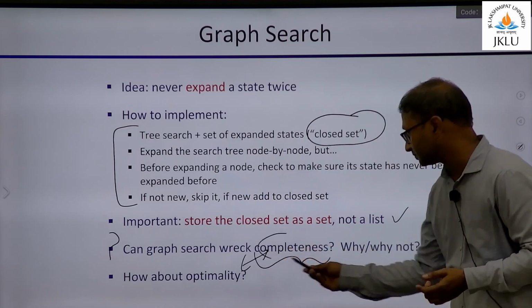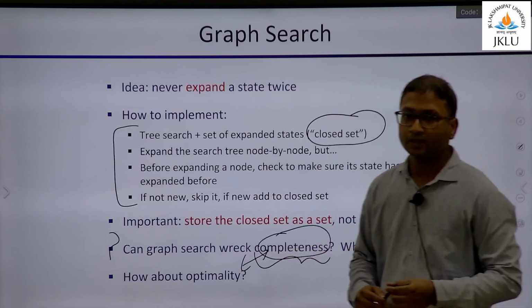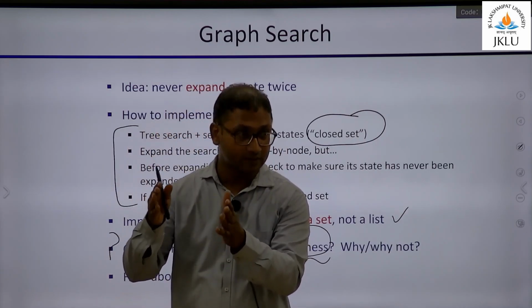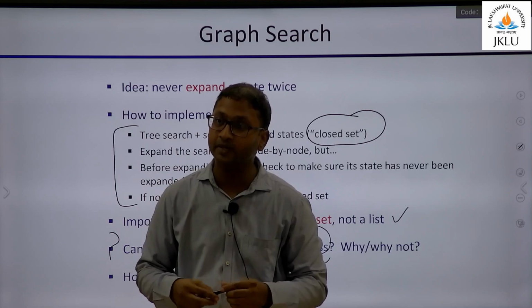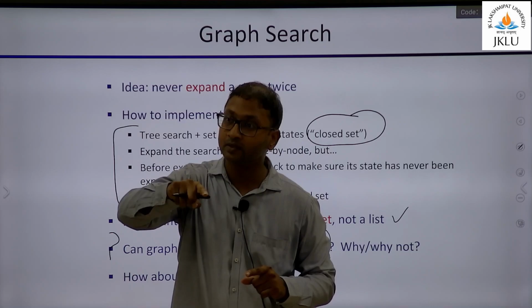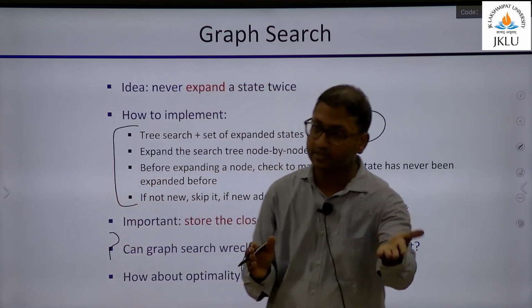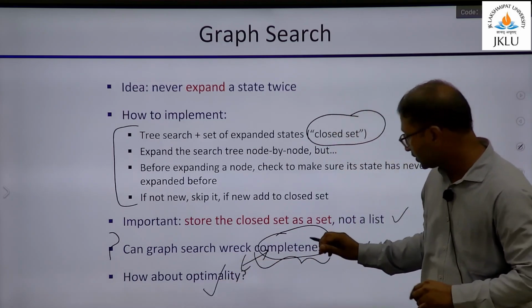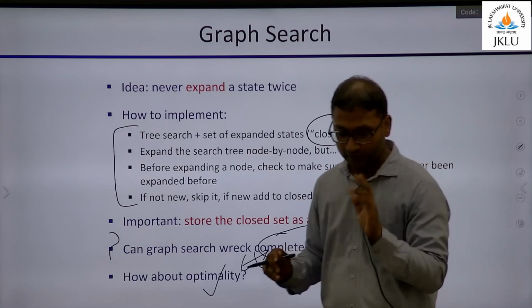Optimality, no. Completeness is breaking the algorithm. If your completeness breaks, it means there is a goal, but still your algorithm is saying that there is no goal. I don't want this. This is a correctness issue, right? And optimality issues are of course there. So these two are important questions that we need to answer.